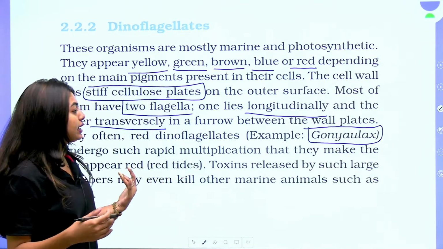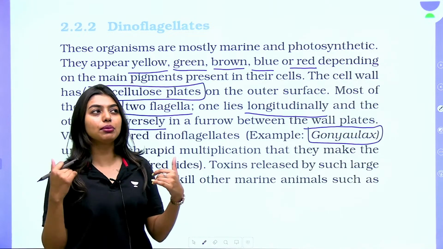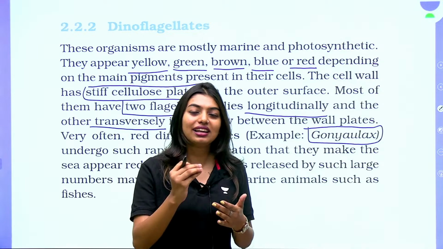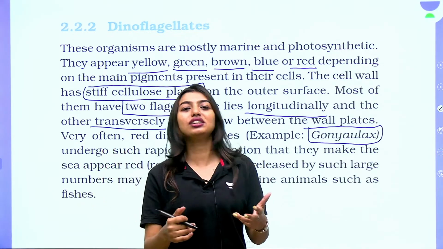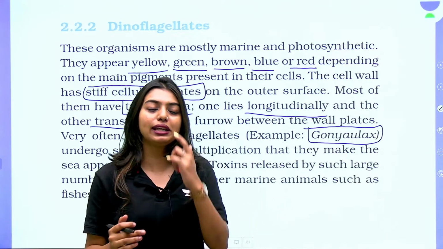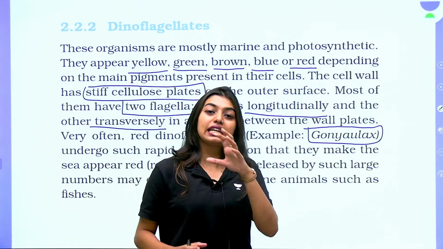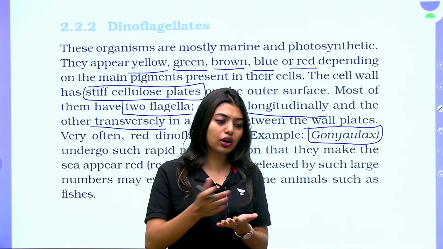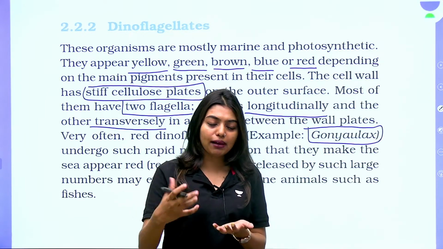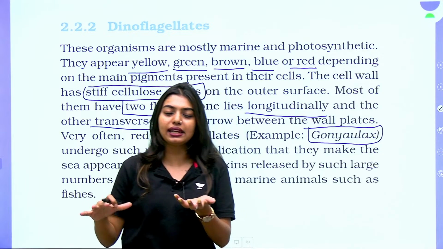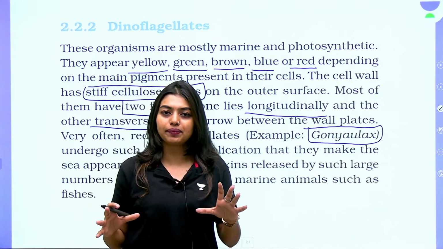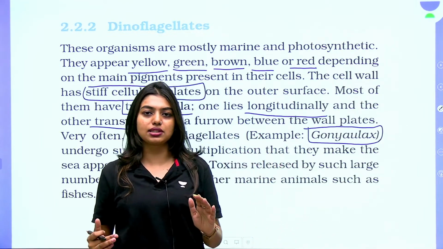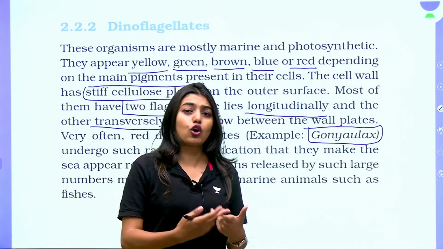Now you might be thinking, oh, such a beautiful thing, it will be showing the sea red in color. But you cannot judge a book by its cover. Your Goniolax releases toxins. This is similar to how your algal bloom will happen. Because they are rapidly multiplying, they are going to release a toxin. That toxin will get absorbed by other aquatic organisms, like your oysters.